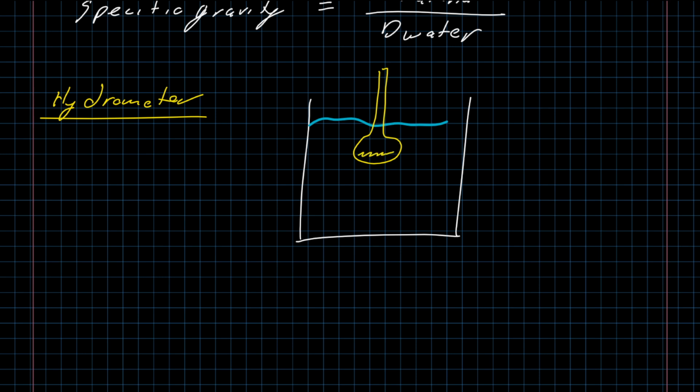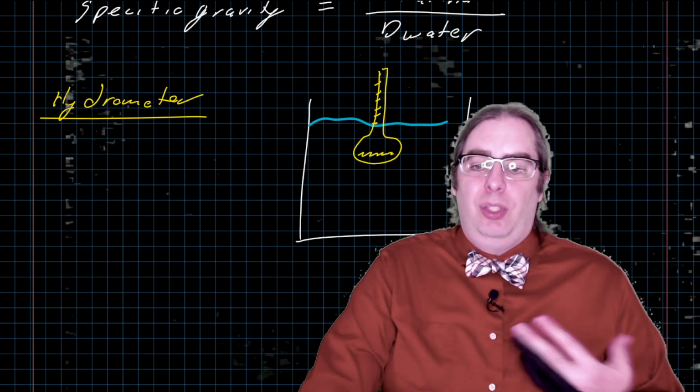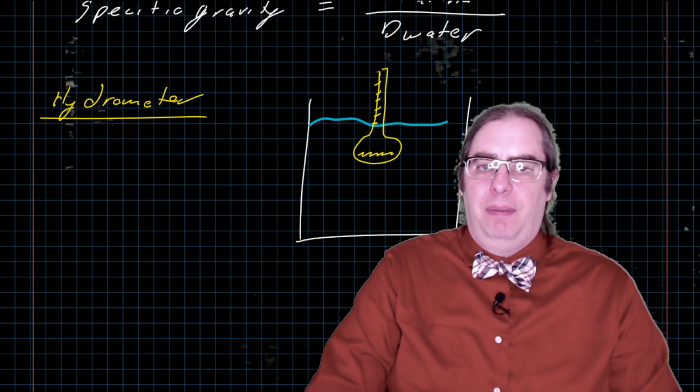And then there's some ballast in the bulb, and there are graduated markings going up the side. And depending on how far it sinks, that will let you measure the volume of displaced fluid. You can use that to figure out the buoyancy force. And once you have the buoyancy force, you can figure out what the density of the object is. You can scale that in terms of specific gravity, and you can get a tool for measuring specific gravity.